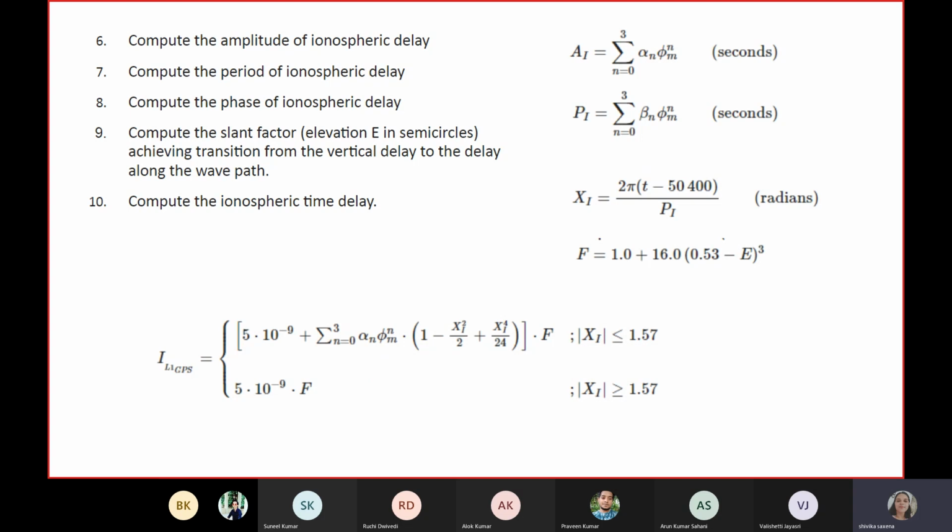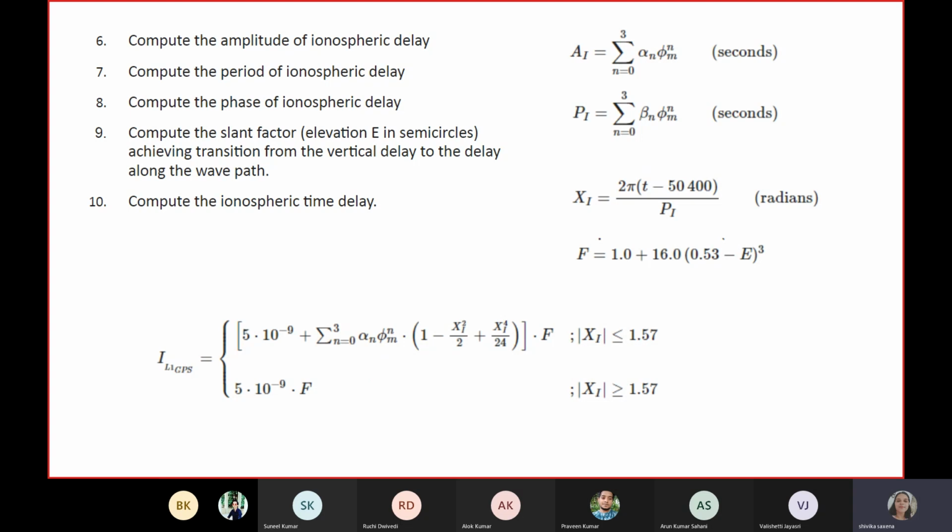So we'll compute the amplitude using those coefficients, then we'll compute the period using those coefficients, then the phase of the ionospheric delay is computed using the equation xi equals 2 pi (t minus 50400) upon period. So period is being utilized in this equation as well as the time of the IPP.